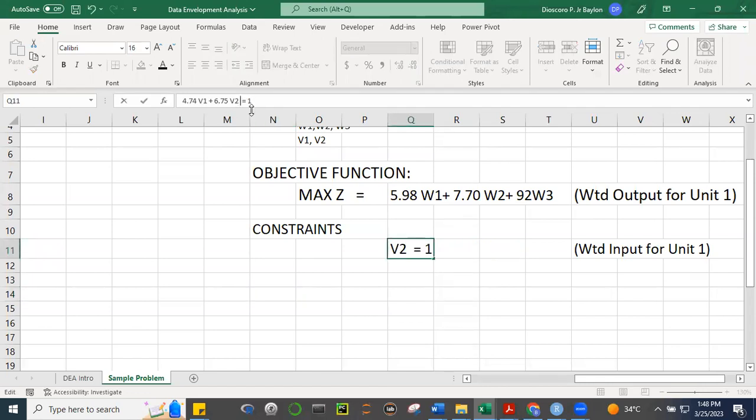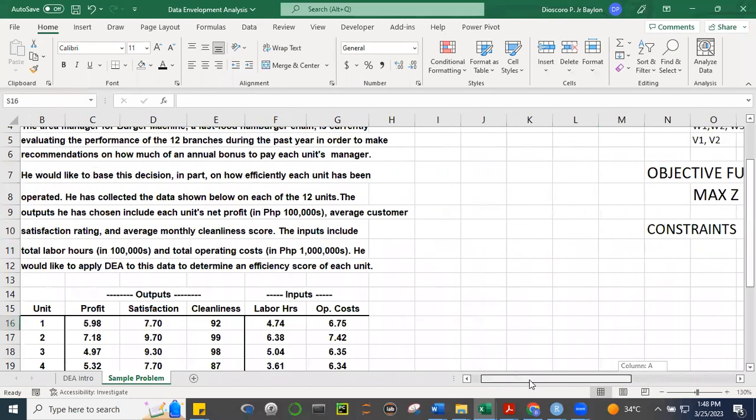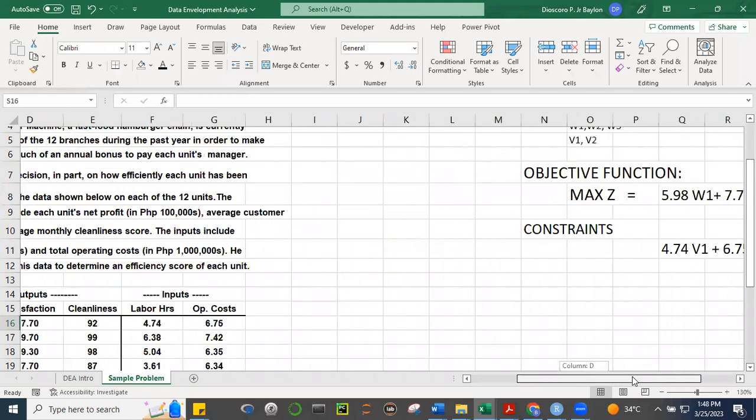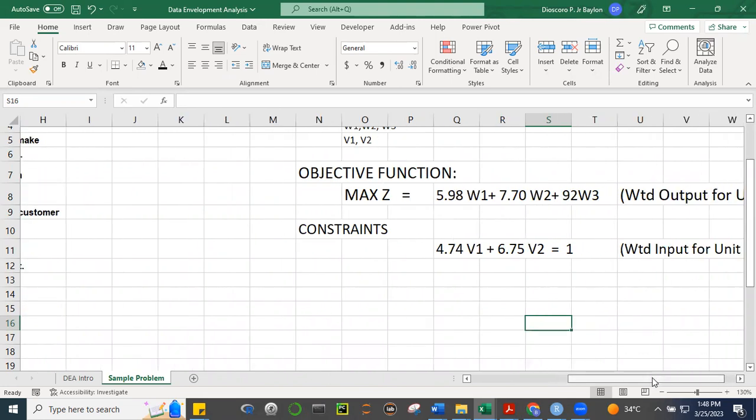So this is the weighted input constraint of unit 1. In fact, we looked at this: 4.74 times V1 plus 6.75 times V2 should be equal to 1. All right? So this is our constraint for unit number 1 as regards the weighted input.